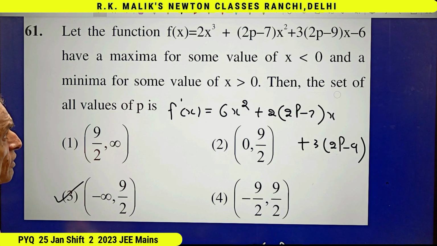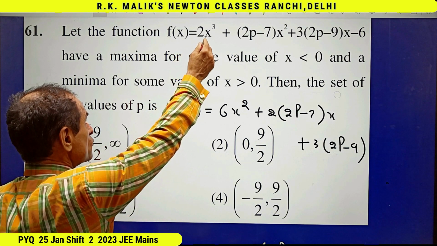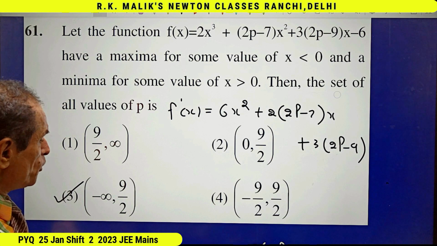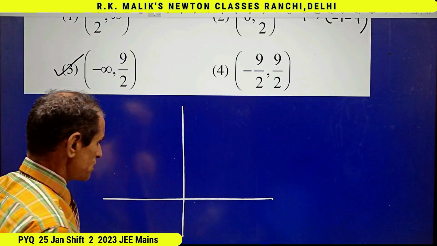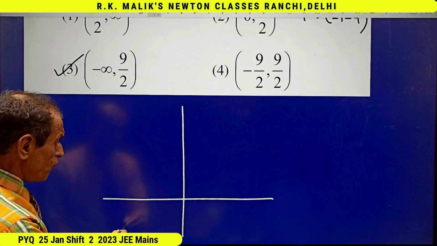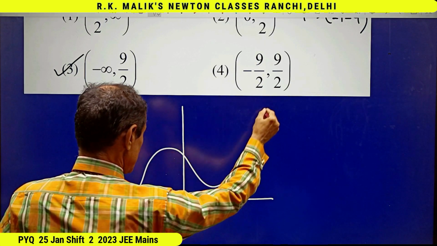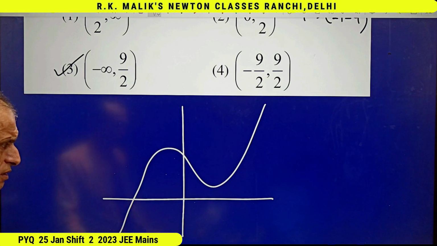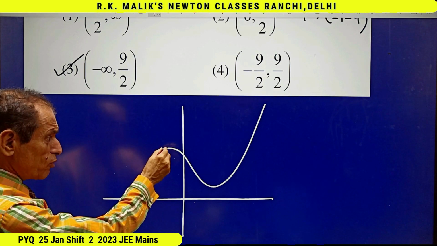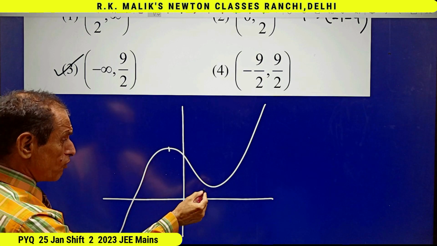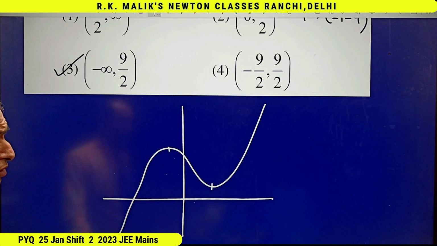Why? See, here it is clear that the coefficient of x cube is positive, meaning the graph will be of this type. This will be the graph when the derivative equation has two distinct roots. Obviously, the x coordinate of this and the x coordinate of this are roots of the derivative equation.